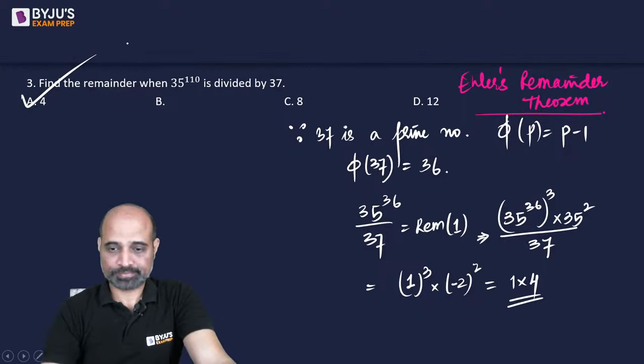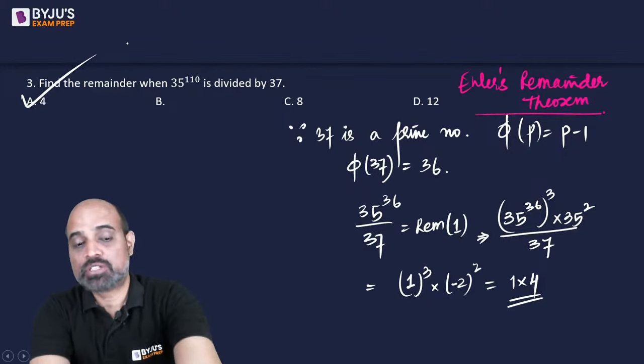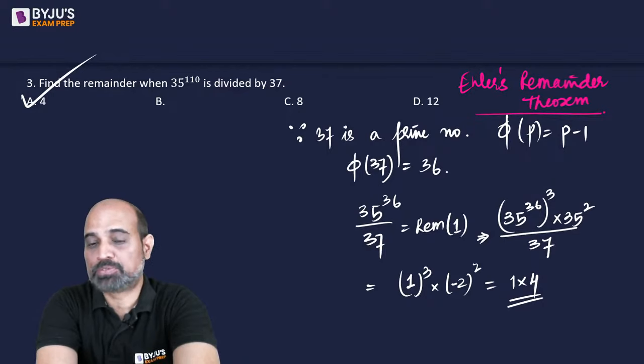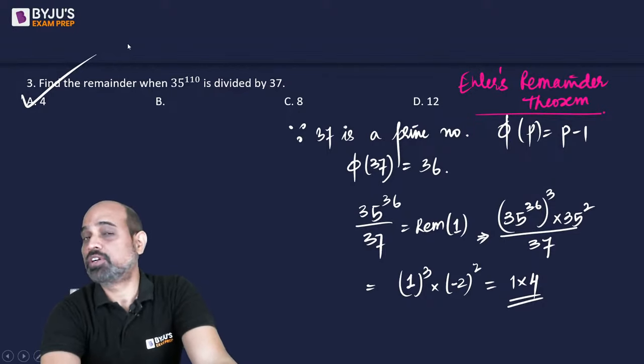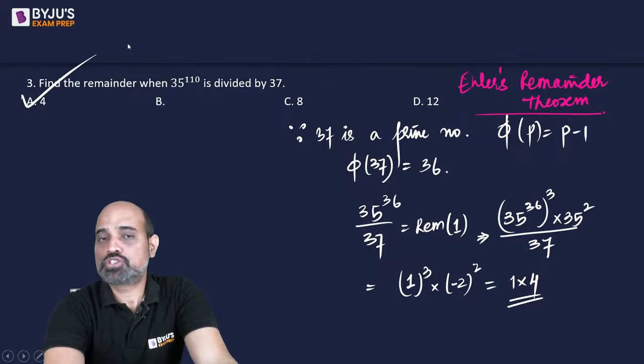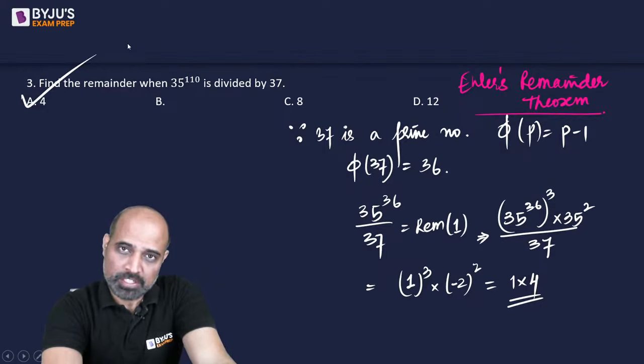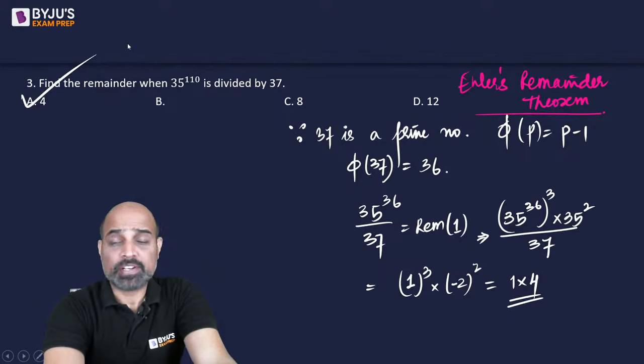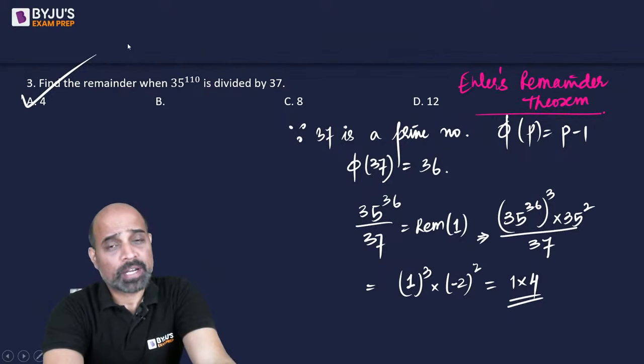Option A. So you can see that using Euler's remainder theorem, sometimes it becomes very quick to solve questions, especially the difficult ones with very high powers. The thing is, you should be aware of the conditions of Euler's remainder theorem. The first condition is that the dividend and divisor both need to be co-prime.